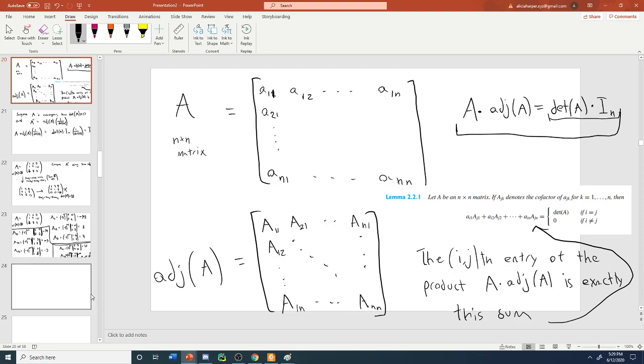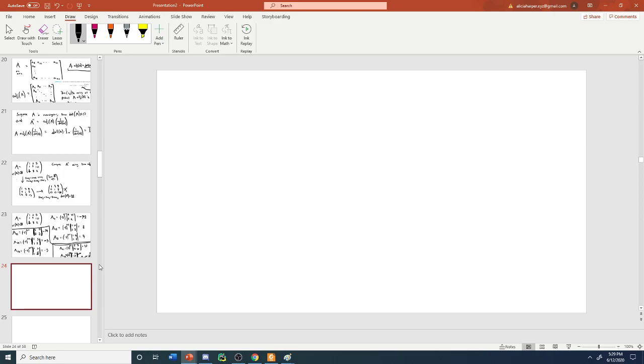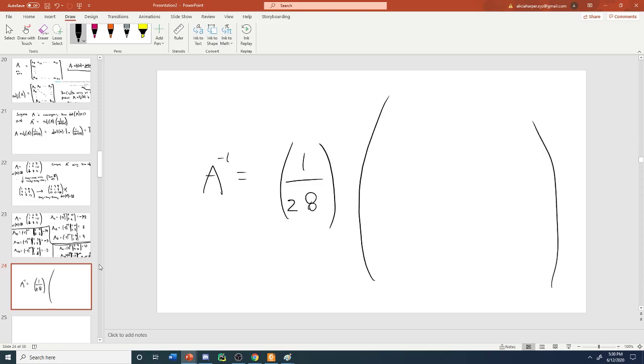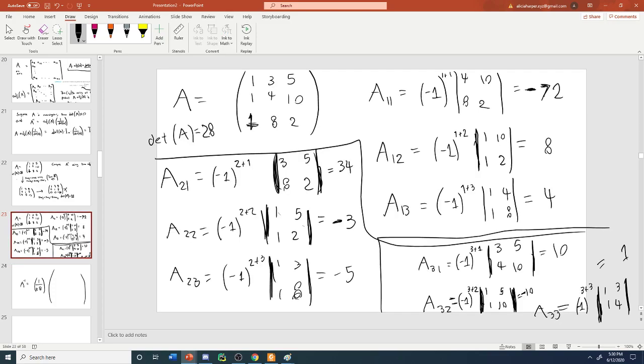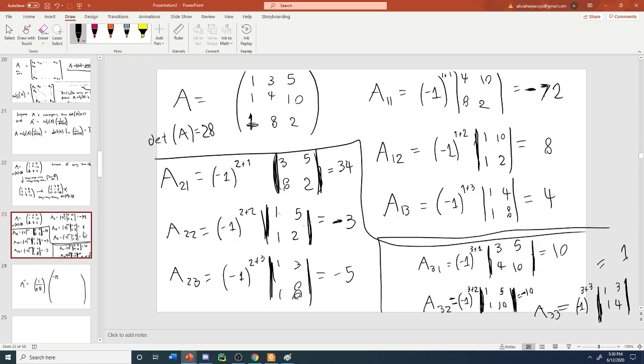Okay, so now I can write down the inverse of A in this specific case using all my data. So A inverse is going to be equal to 1 over 28 times the following matrix. These entries are going to correspond to the first column. So -72, 8, and 4.